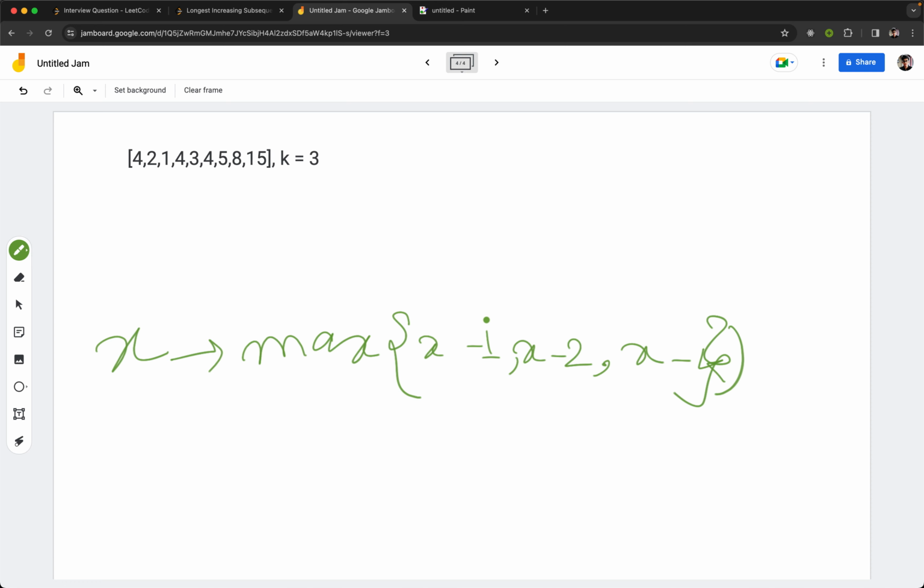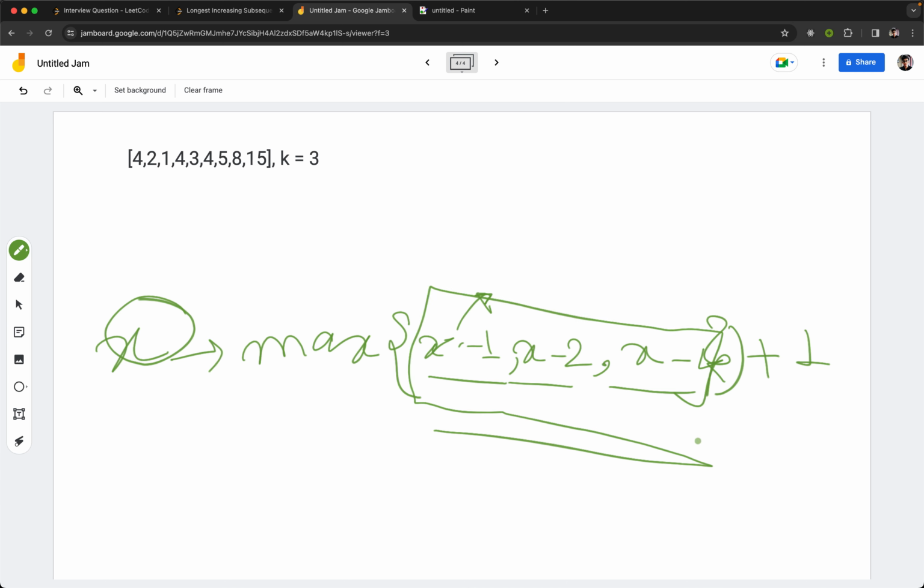I mean, we were trying to find the maximum length which could be formed by having the last element as x minus 1 or x minus 2 or x minus 3, and we were just adding plus 1 to it, including the element x, right? Now if you see this, this entire maximum is a range, that is a range from x minus k up till x minus 1. Got it?